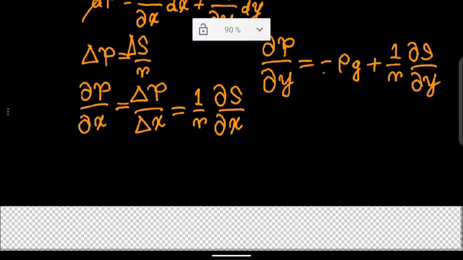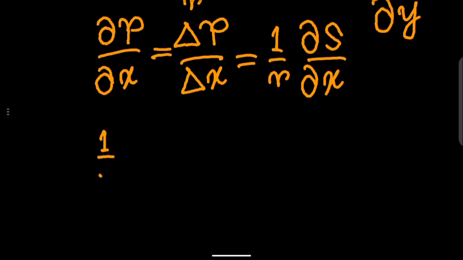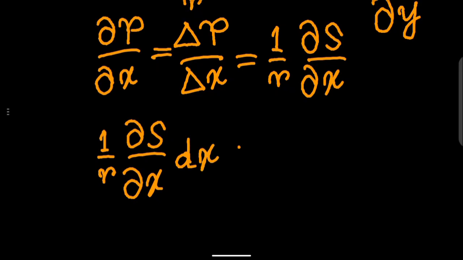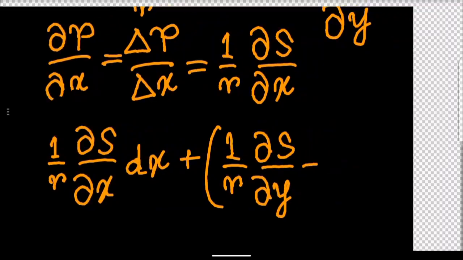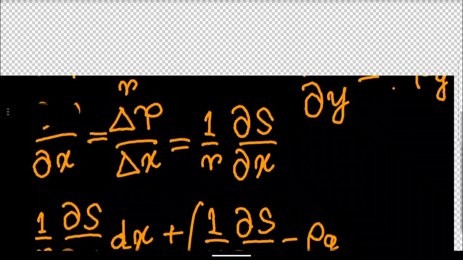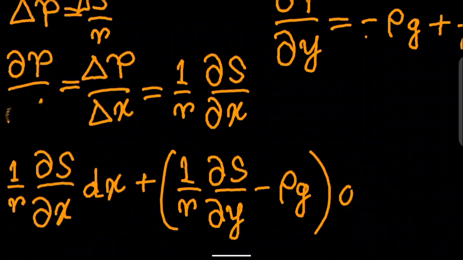And now we can just directly put this into our previous equation, and we'll get 1 by R del S del X times dx, and plus 1 by R del S del Y, minus our rho g, rho g times dy. This would be equal to 0.